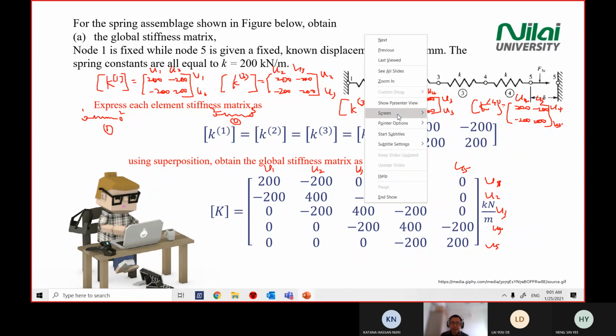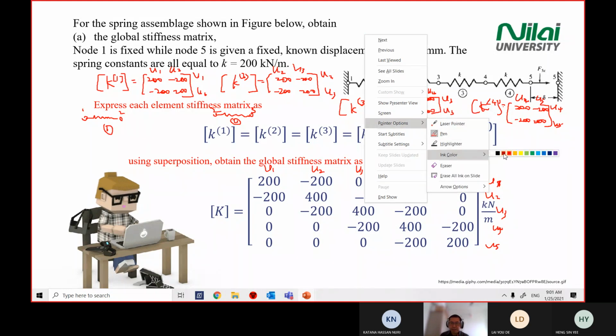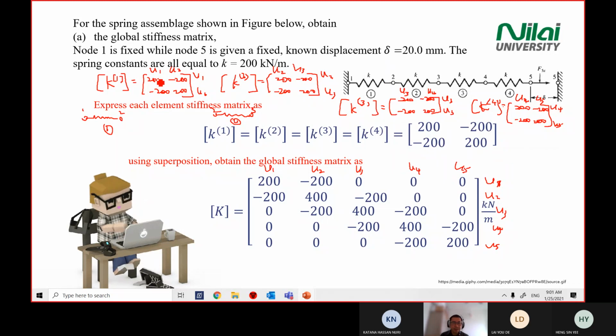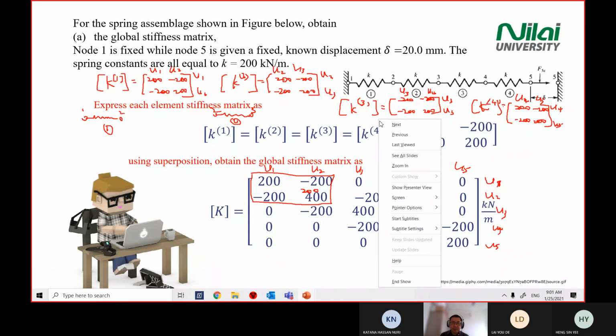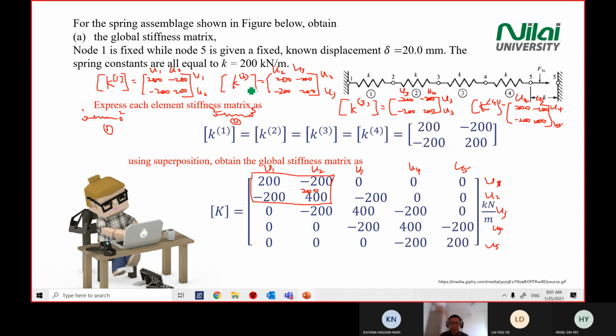Maybe I use a different color. The first one I use red color to represent the first matrix. So the first one, I will get 200 here. Then I copy the second matrix. I change it to green. So green color represents the second matrix.